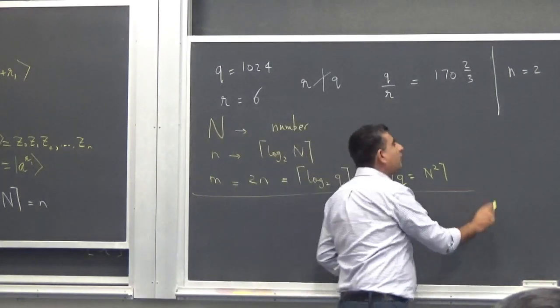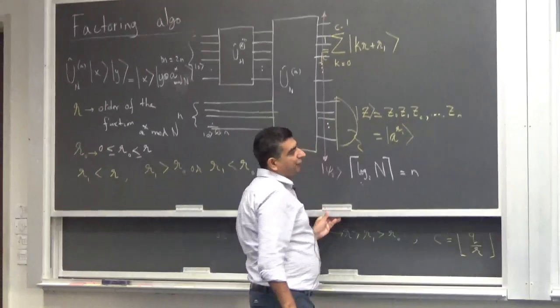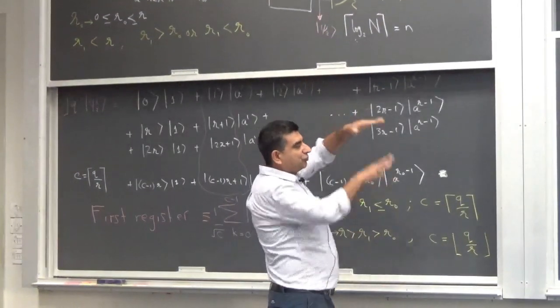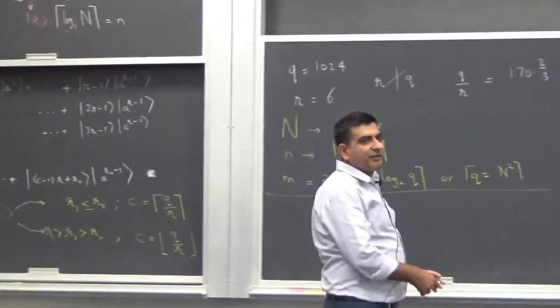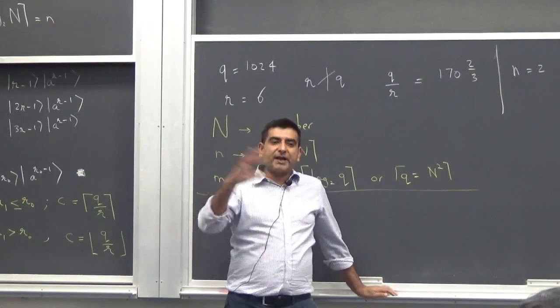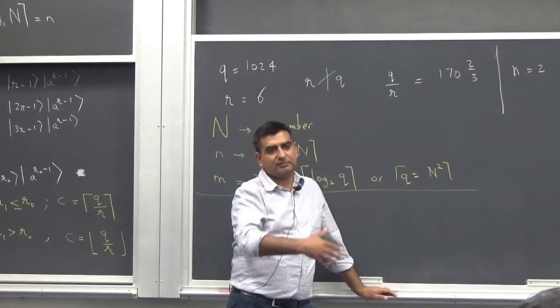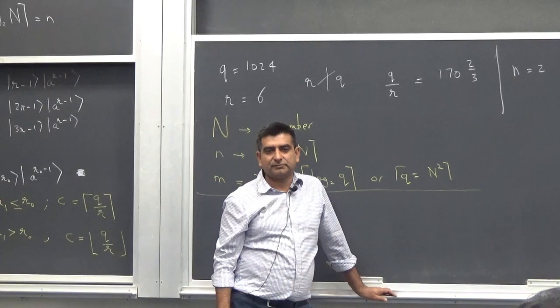Anyway, let's move on. What would we like to do with the first register over here? Any clues? We have a superposition and we would like to measure a superposition, which is difficult. So we would like to make this superposition go back to a computational state, to a sequence of zeros and ones. How can we do that?